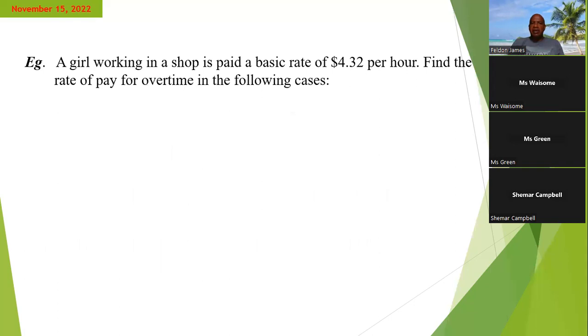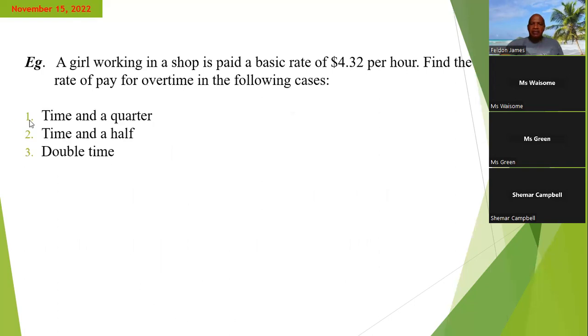So a girl working in a shop is paid a basic rate of $4.32 per hour. Find the rate of pay for overtime in the following cases: if the person works time and a quarter, if the person works time and a half, or if the person works double time.